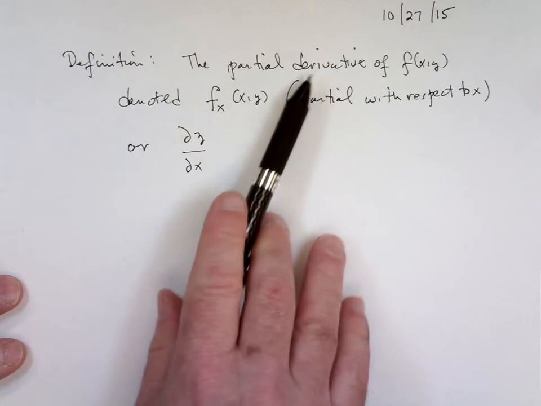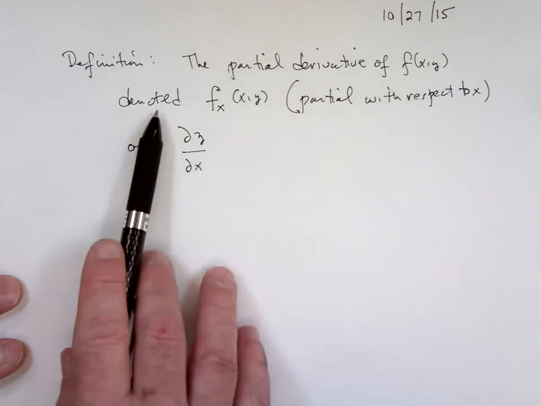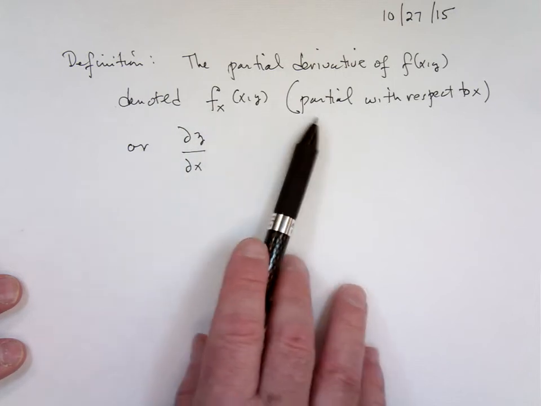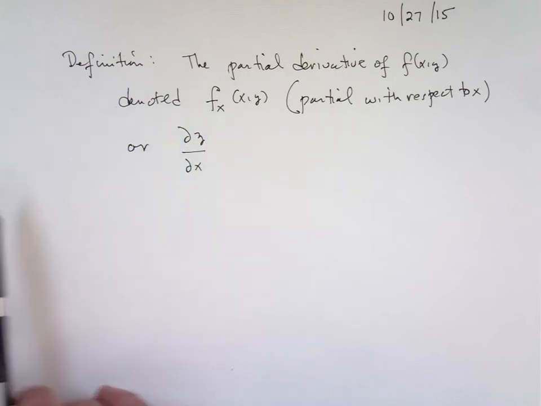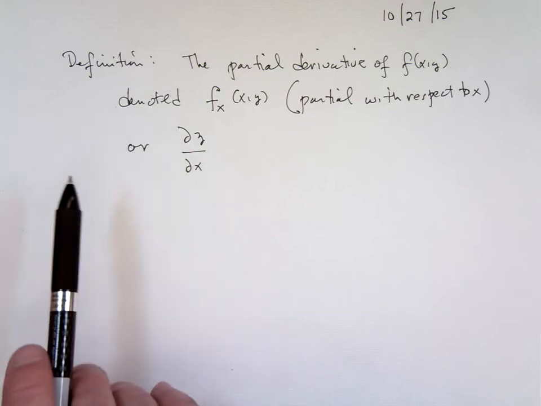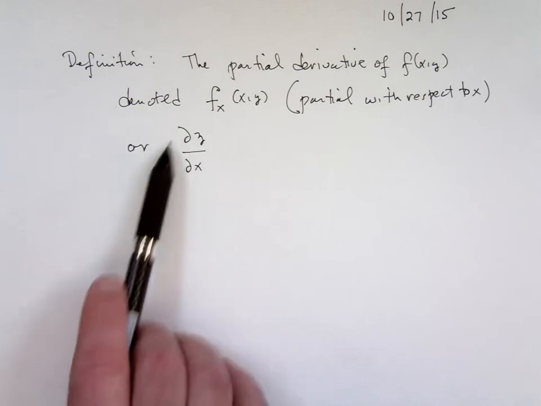The partial derivative of f of x denoted f sub x of x y. That's the partial with respect to x. Or denoted this way, if you have z in terms of x and y. These are the partial derivatives.